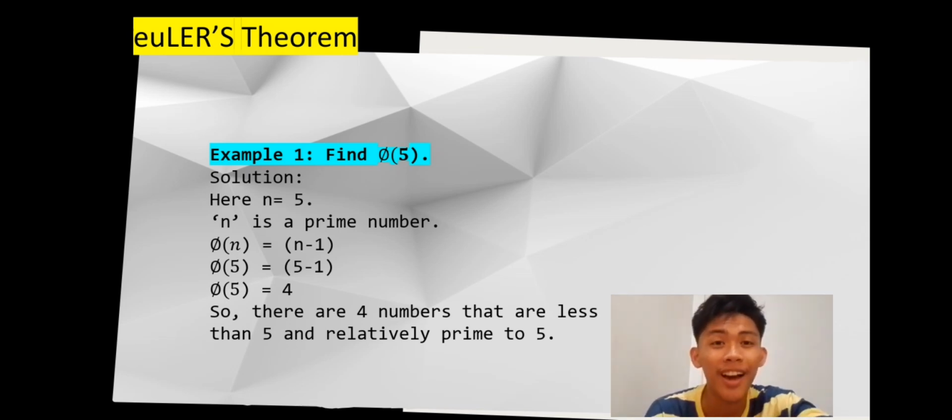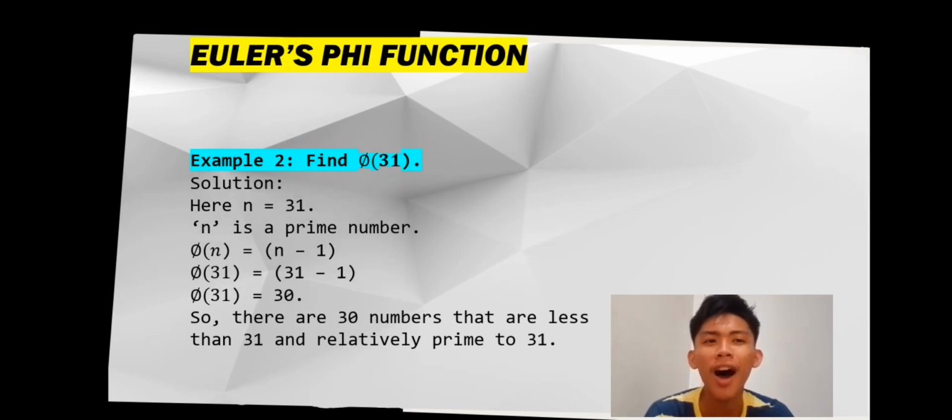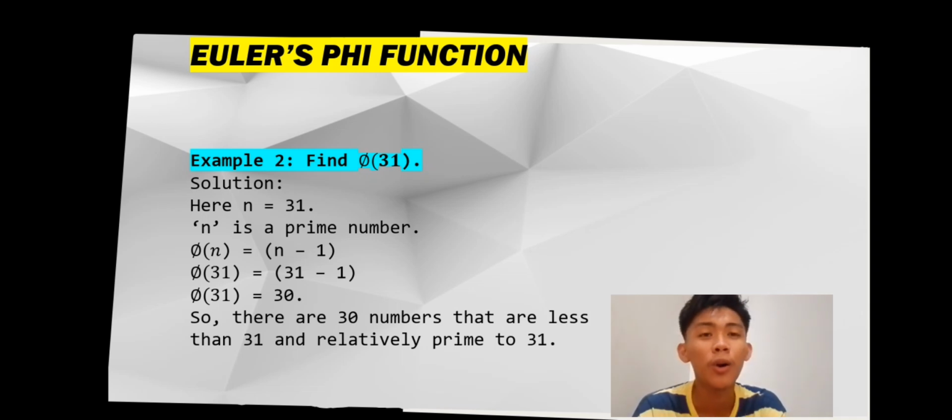So let's have another example. Find phi of 31. So our n here is 31. Since 31 is a prime number, we can use case 1 also. We substitute our given to the formula.